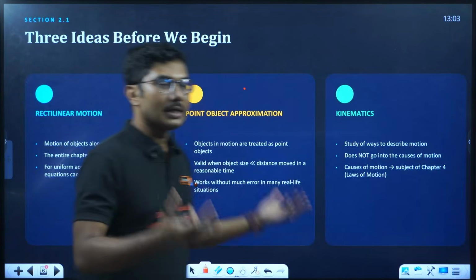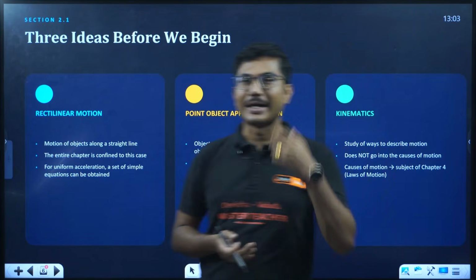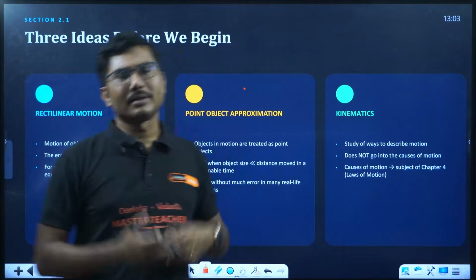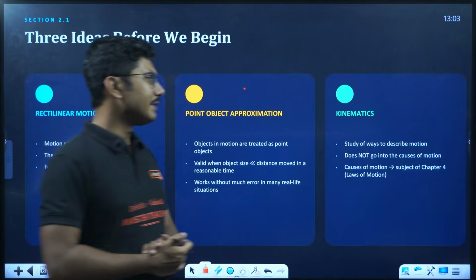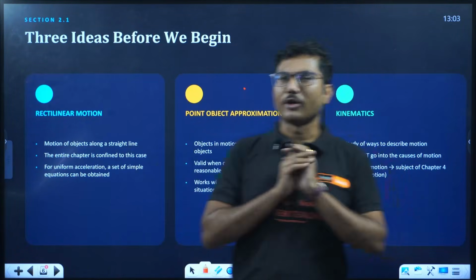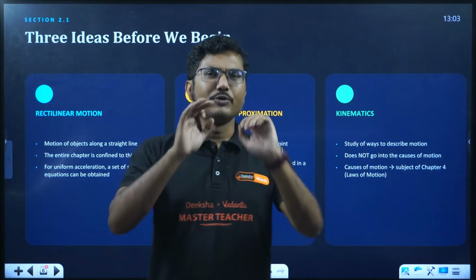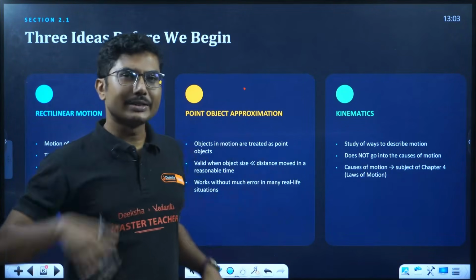For example, Earth is moving around the sun. Why? Because the sun is attracting it towards its center by gravitational force, and so on. There are complicated things there, but we are not interested in all those concepts in this chapter. We are only interested that Earth is moving, a car is moving, I am moving, or you are moving. We are not interested in why it is moving.